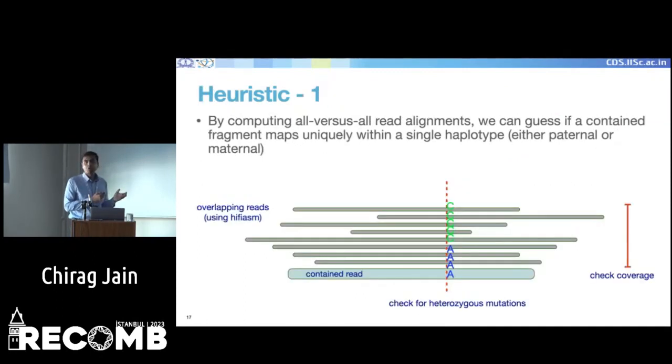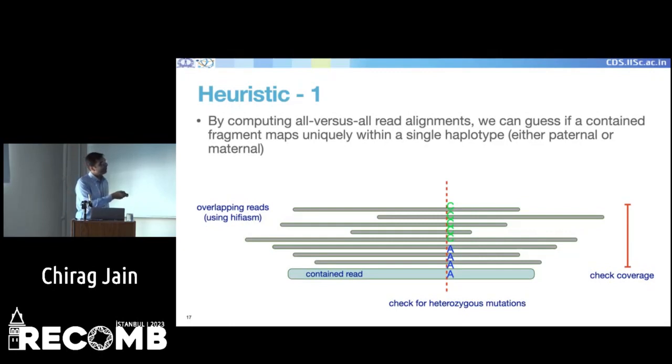These heuristics are motivated by the safe rules. First, as I mentioned, if a contained read maps to a single candidate, that can actually be detected in practice if you look at the all-to-all read overlaps among reads. If we see a heterozygous variant in the contained read, then I know that the contained read must correspond to a single haplotype.